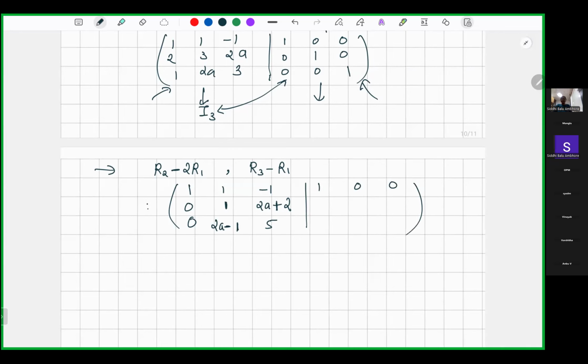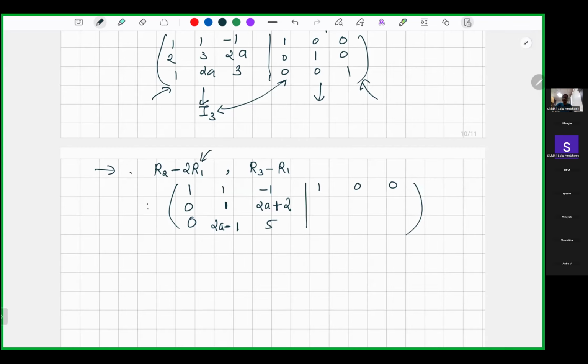Note that when I'm doing this, I'm keeping the row R1 fixed. I'm not changing R1 again. When you are doing this, make sure that you are not making changes to R1.